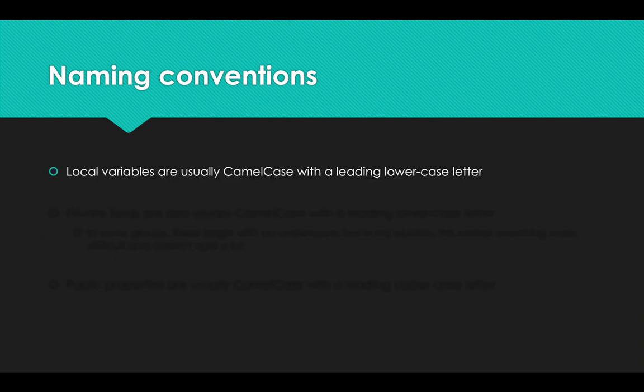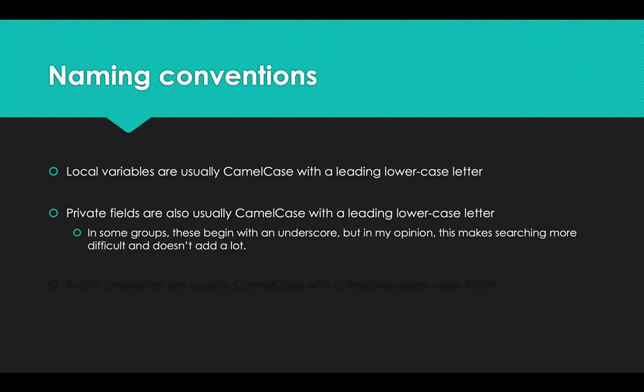So in C# particularly, almost all identifiers are camel case, but local variables often appear with a leading lowercase letter. So you know that a variable is local simply because it begins with a lowercase letter. Private fields, which we'll discuss in a little bit, are also camel case with a leading lowercase letter, but in a lot of organizations, they make the decision to lead a private backing field with an underscore.